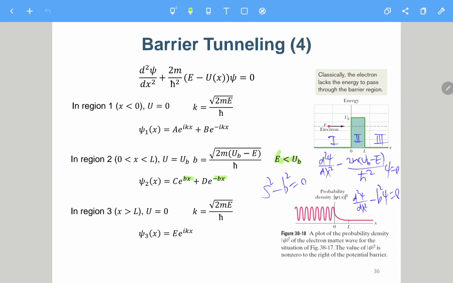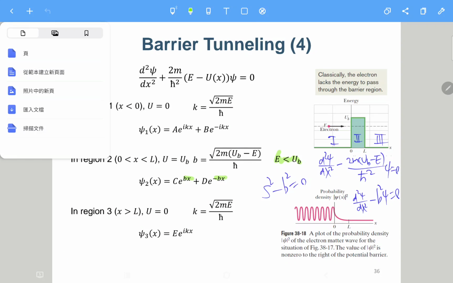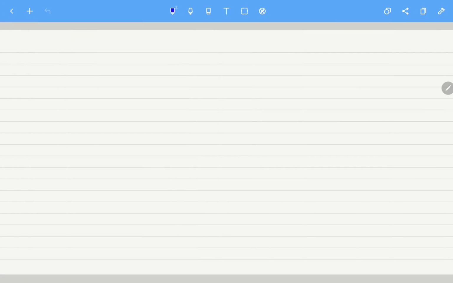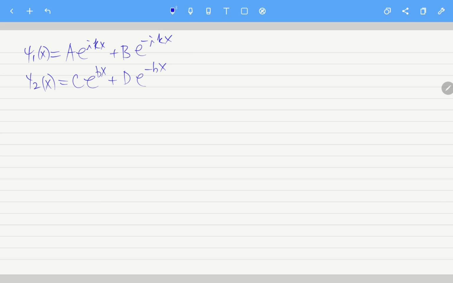And of course, now we have phi 1 of x equals a times exponential to ikx plus b times exponential to negative ikx, and then phi 2 of x is c times exponential to bx plus d times exponential to negative bx, and then phi 3 of x is e times exponential to ikx.